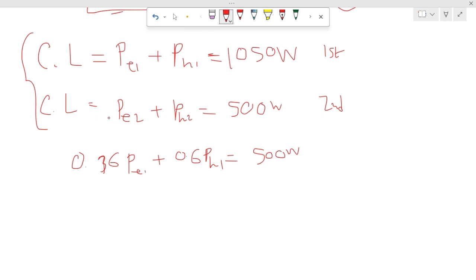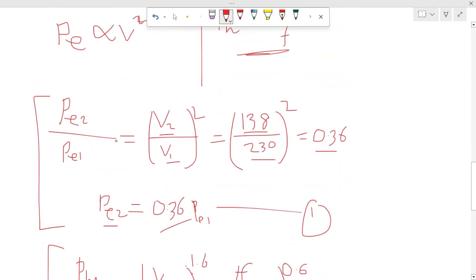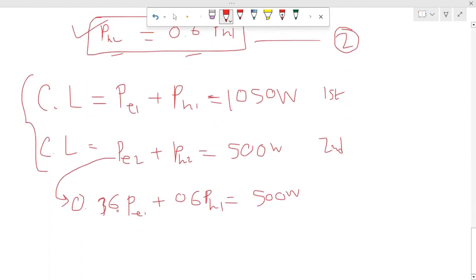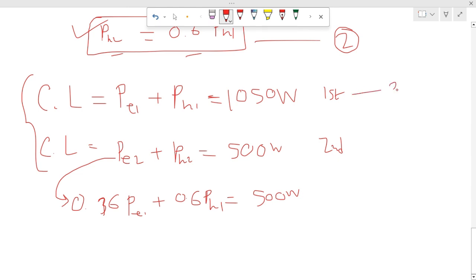I am just putting the values of PE2 and PH2 in this equation and solving equation 3 with equation 4.